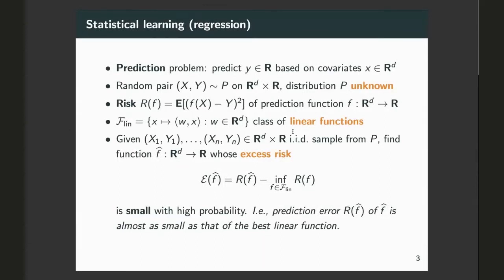I will call it a procedure or an estimator, which has small excess risk. What do I mean by that? I mean that the difference between the risk of my prediction function and that of the best linear function is small. Basically, I'm trying to find a function whose prediction error is almost as good as the best linear function.